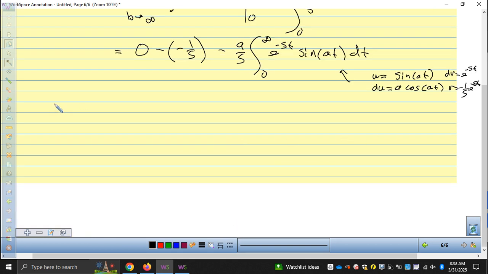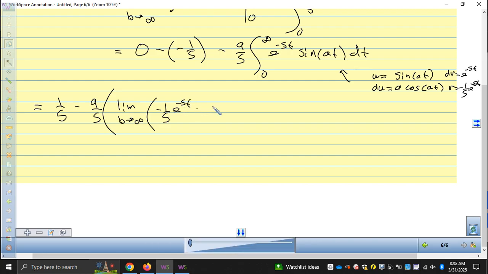So we have, I'm going to start out here. We have 1 over s minus a over s times u times v, and this is the limit as b approaches infinity of u times v, minus 1 over s e to the minus st. What do we have? Sine of at.